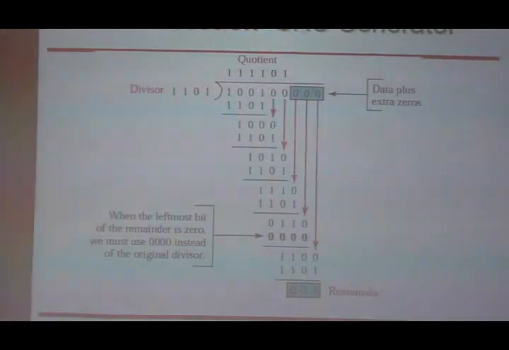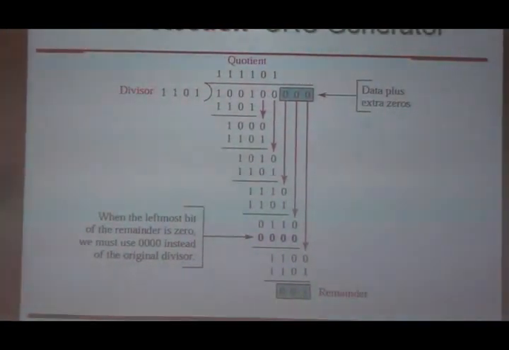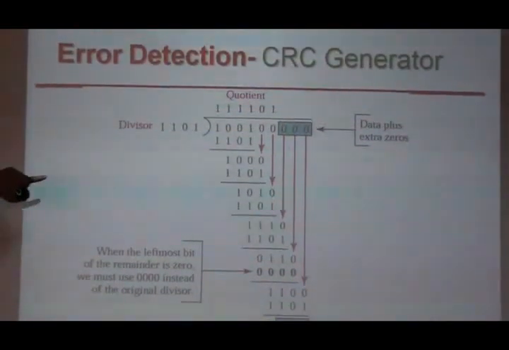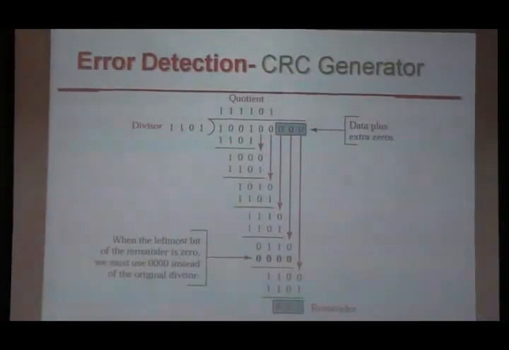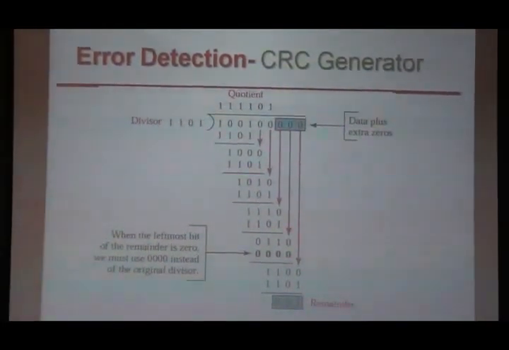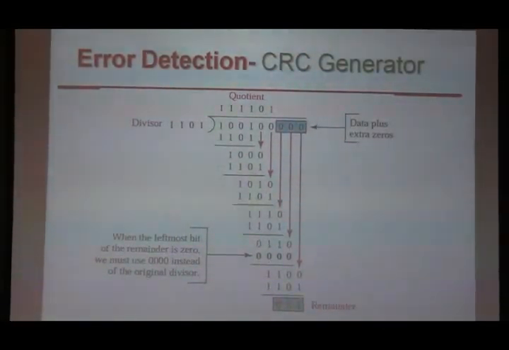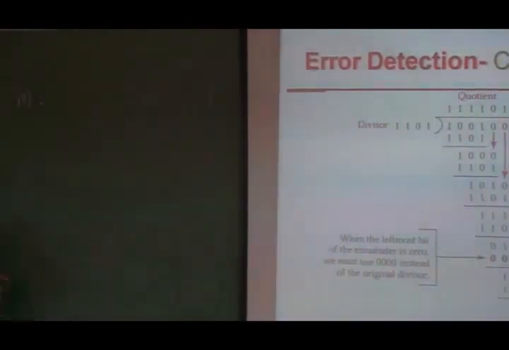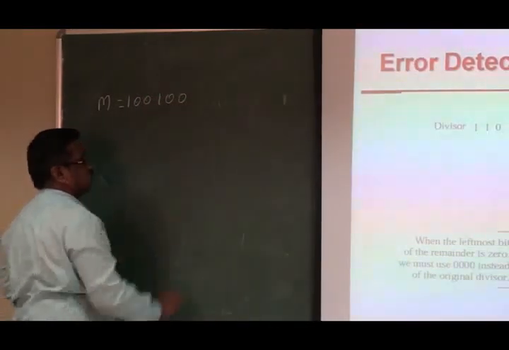One simple example for you to understand this CRC process. This is the CRC generator, which works on the center side. Here the original message m is given as 1 0 0 1 0 0.